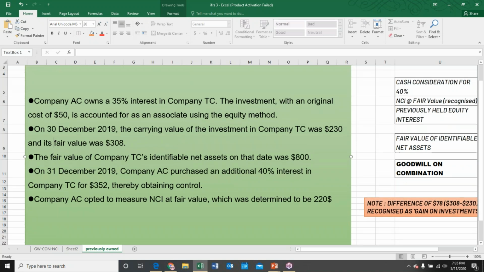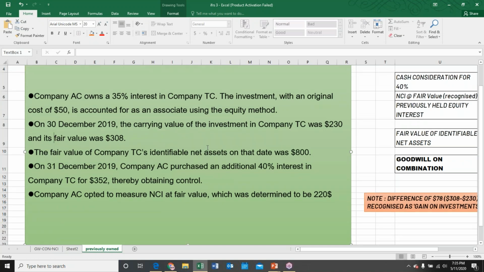So here is the example for step acquisition. Under step acquisition, I am already in a transaction. I already have an investment in the target company, though not enough to control it. So here the case study is company AC.